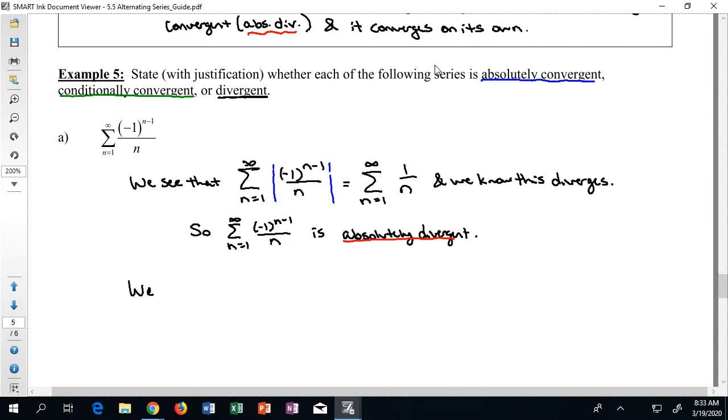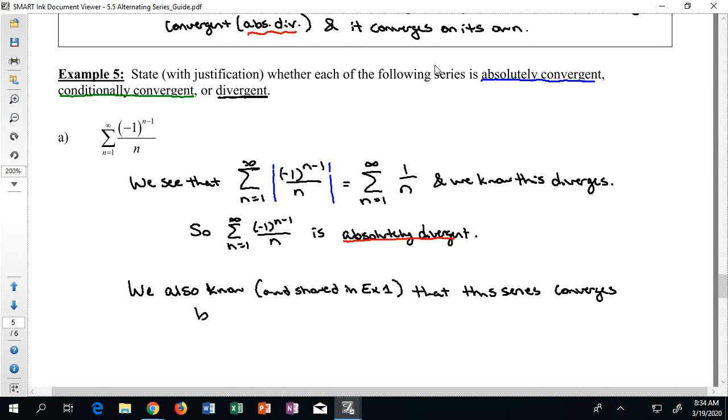But maybe I'll be able to write this. We also know, and I'll put here, and we showed in example number 1, that this series converges by alternating series test, AST.